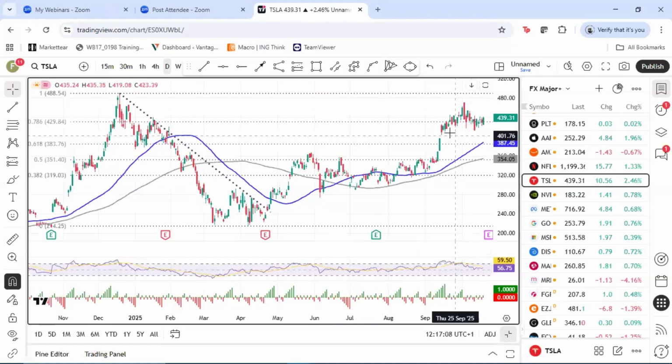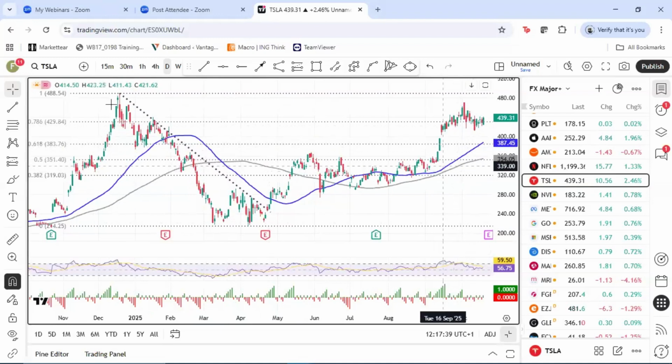As I say, just for your guide, we're consolidating around this minor fib level, around 430 or so. That's swing high from early October at 470, all-time high at 488. If we do lose probably this initial support around 411, then you've got the 50-day moving average, the black line, at 387, and then a major fib level of this move lower, the 61.8 retrace level, that's at 383 there.